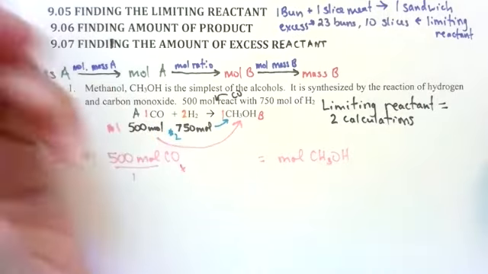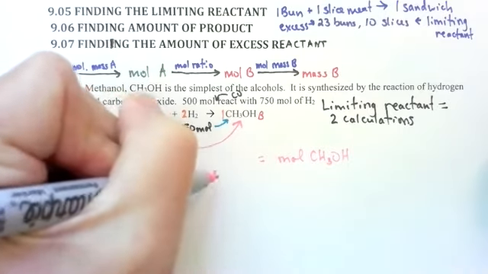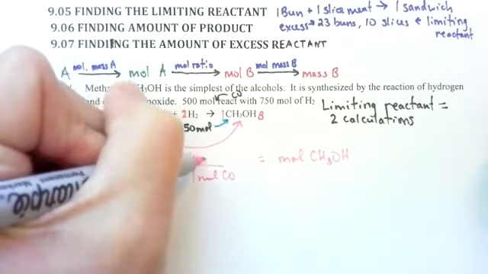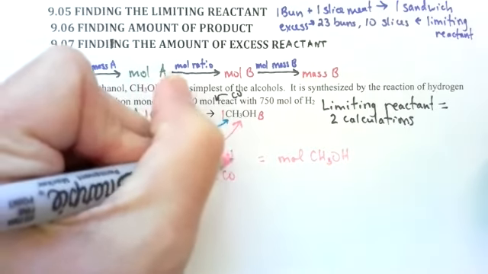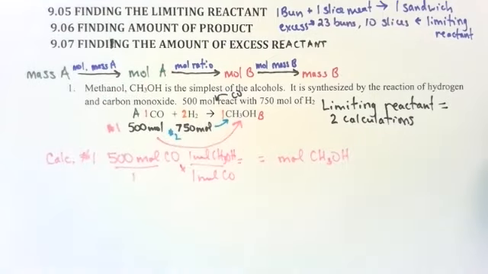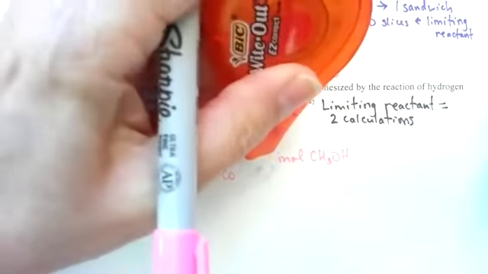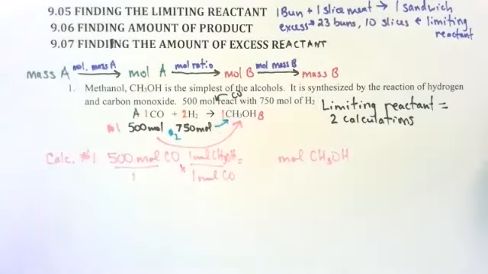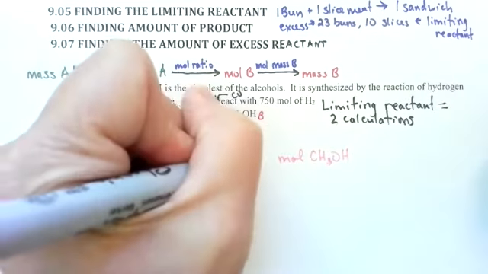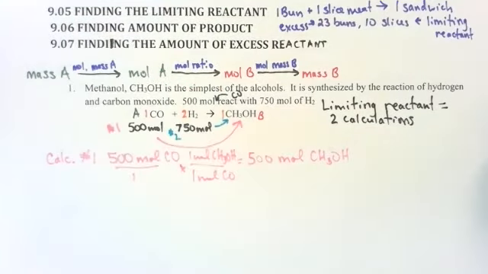So I have 1 mole of CO to 1 mole CH3OH. And you might be thinking, I could have figured that out on my own. Yeah, but we're starting with an easy problem. So that means with 500 moles of carbon monoxide, I can make 500 moles of methanol.